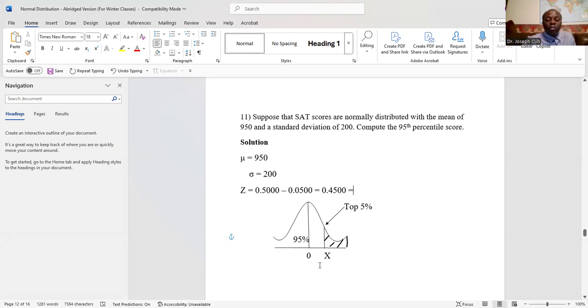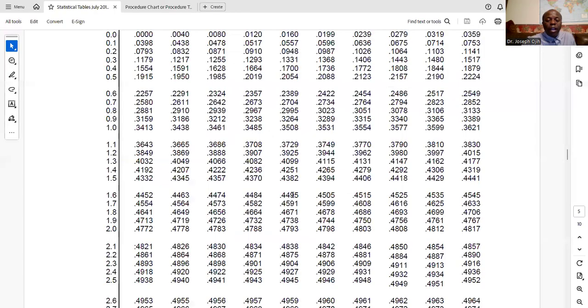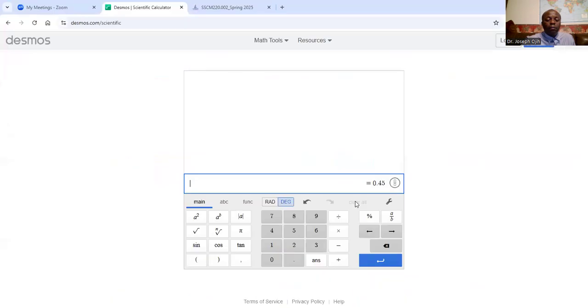Find the number that's closest to it. 4,500 has 4495 and 4505, and both of them are equally close. 4500 minus 4495 is 5 points away.